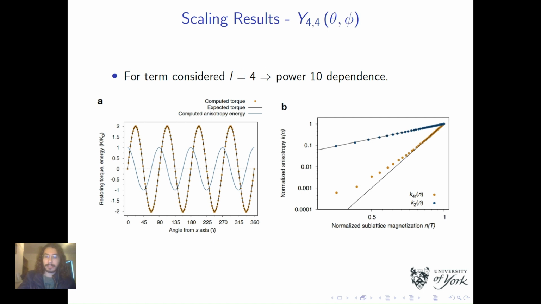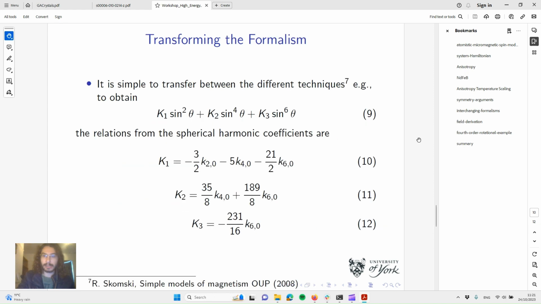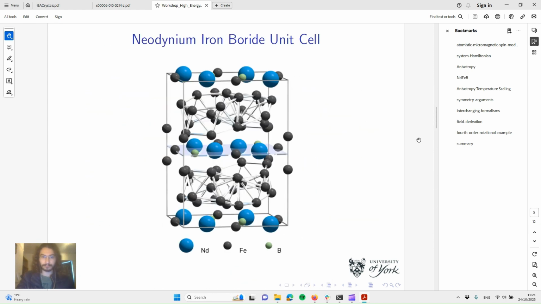Okay, so on implementing this in Vampire, if we go back to the previous slide first, we want to select the 110 direction shown here as the x-axis.